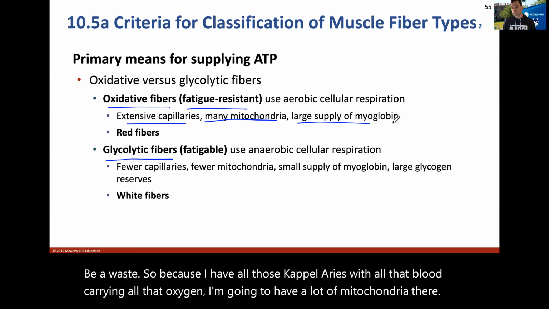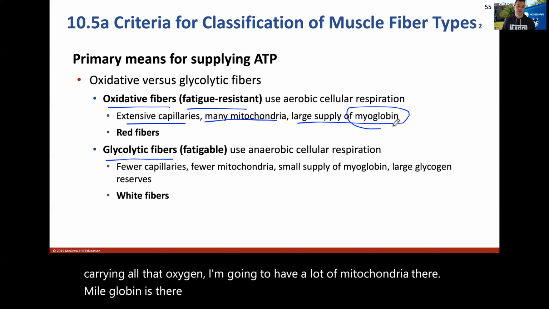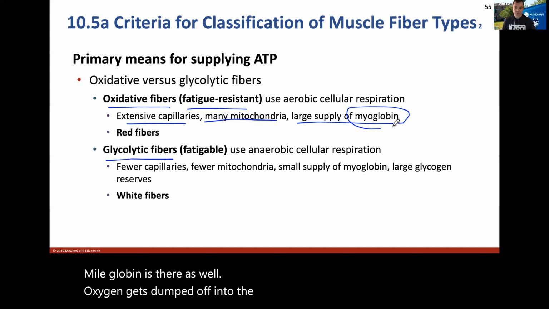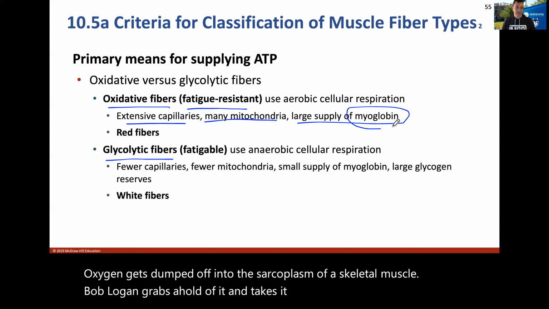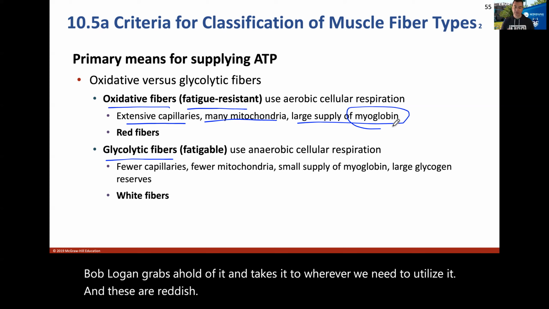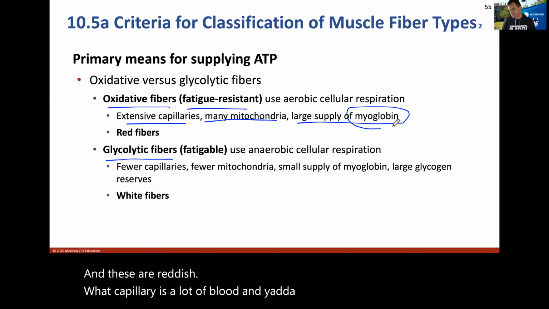Again, myoglobin is there as well. Oxygen gets dumped off into the sarcoplasm of a skeletal muscle. Myoglobin grabs a hold of it and takes it to wherever we need to utilize it, the mitochondria. And these are reddish. A lot of capillaries, a lot of blood. They're red. Pretty easy.